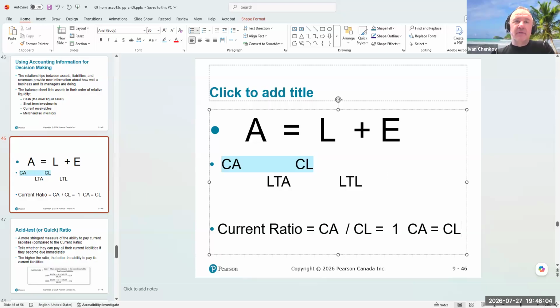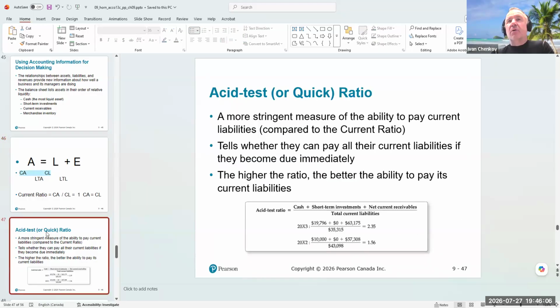Now let's take a look at the quick ratio or acid test ratio. The acid test ratio also is going to include some of the current assets, but not all the current assets. So compared to the current ratio, in this quick ratio, inventory and prepaid expenses will be eliminated from the current assets, and we're going to have only the assets which are easily convertible to cash.